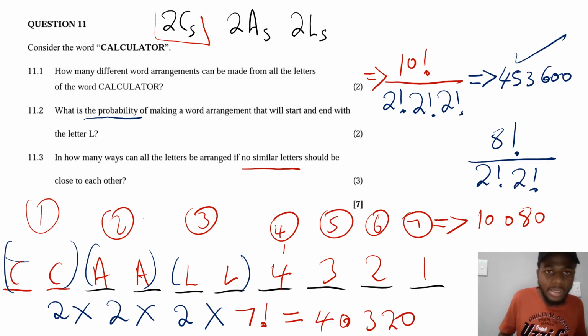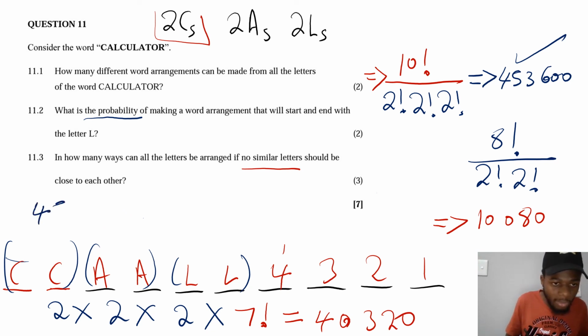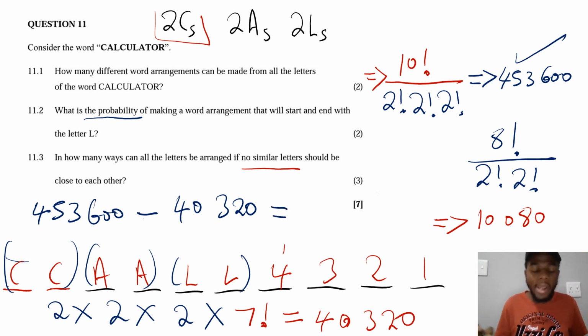So this is how we're going to find the final answer. We're going to take this 453,600. Then we're going to subtract this 40,320 because we want to be left with the number of ways when the similar letters are not close to each other.